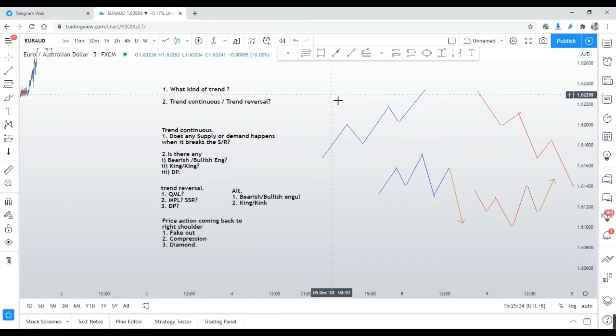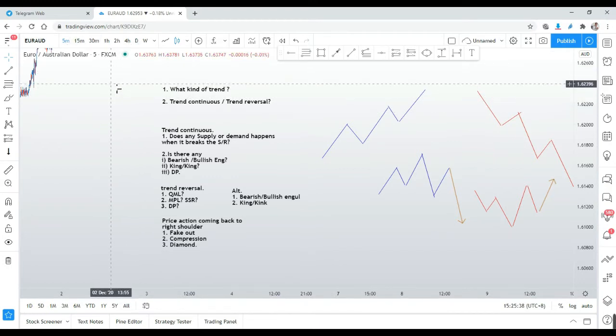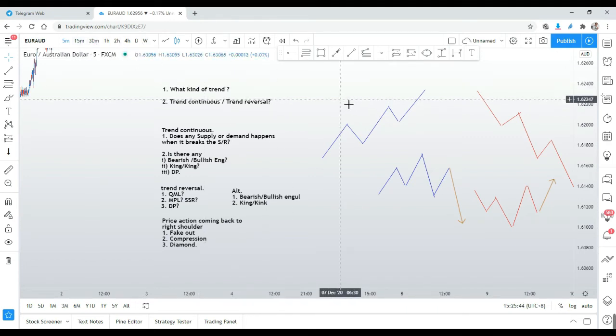You need to know that, because there are a lot of time frames. You cannot say that a reversal on the 15 means there will be a reversal on a bigger time frame. No, it's not necessarily that way. You have to know whether you are trading the bigger time frame or the small time frame, because it will give you a more realistic take profit zone.